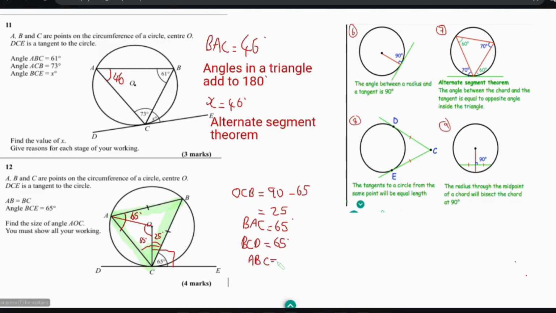So ABC is 180, take away 65, take away 65, which is 50. And then also, I don't know if anybody's spotted the arrow here. You've got angle at the circumference and angle at the centre. So angle AOC is double ABC. So it's 2 times 50 degrees, which is 100 degrees.